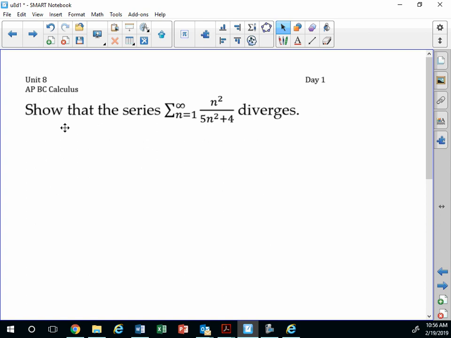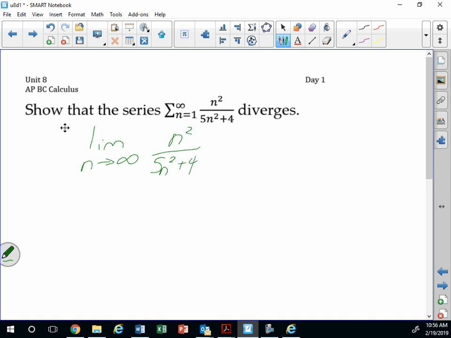I had two people say perhaps I should do limits. You divide by the highest power. It's the ratio of the leading coefficients. So the limit as n approaches infinity of this function does not equal 0.